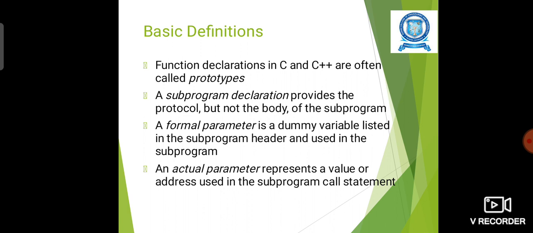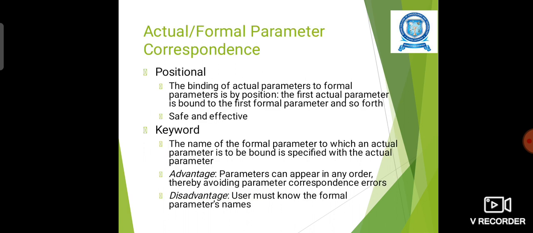A formal parameter is a dummy variable listed in the subprogram header and used in the subprogram. But an actual parameter represents a value or address used in the subprogram call statement. The binding of actual parameters to the formal parameters is by position. The first actual parameter is bound to the first formal parameter and so forth.